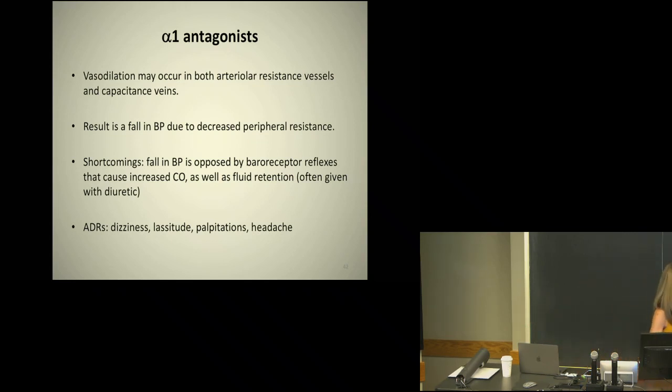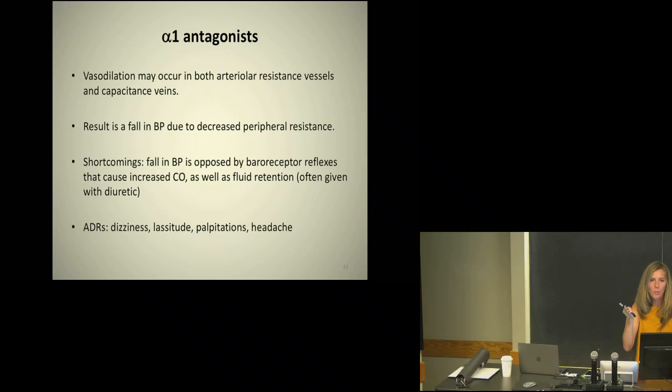Okay. So when those baroreceptors start telling the vasomotor system to increase sympathetic nervous drive, then you're going to see an increase in cardiac output, and often you'll see an increase in fluid retention because of that increase in the venous capacitance. Okay, does that make sense?